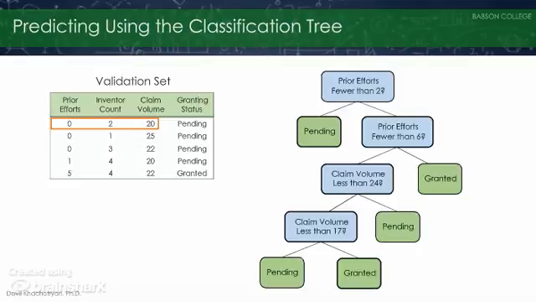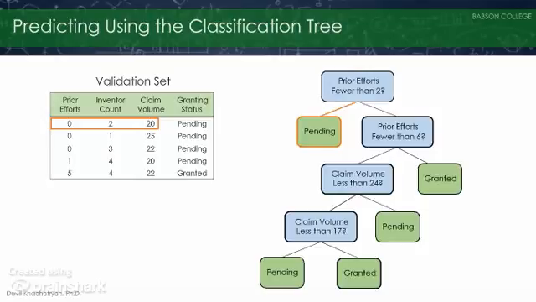Since this particular patent application has had no prior efforts, the answer to the question appearing on the root node is affirmative, and therefore we'll move to the left branch, and thus we will end in this terminal node, and the label assigned to this application will be pending. So this first application from the validation set is getting classified as pending.